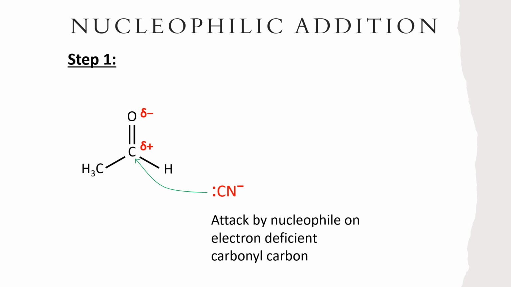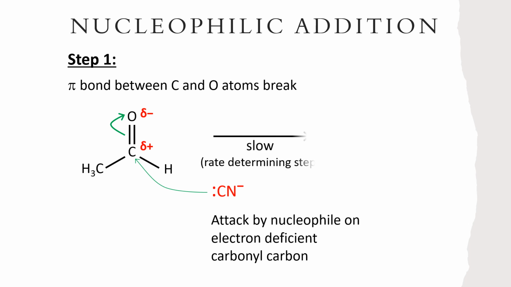For the carbonyl carbon to retain its octet structure, the pi bond is broken, with its pi electrons given to the oxygen atom. After this slow step, the oxygen atom now bears the negative charge.